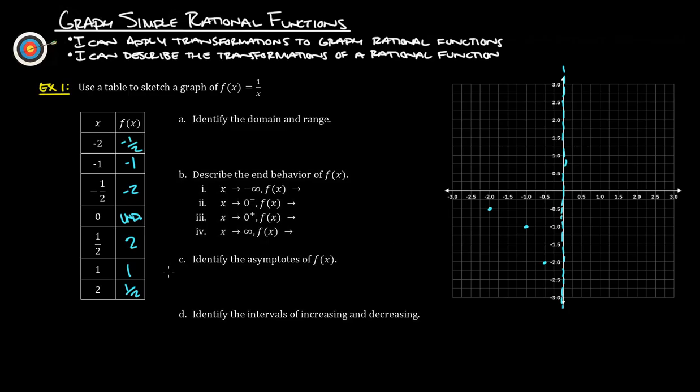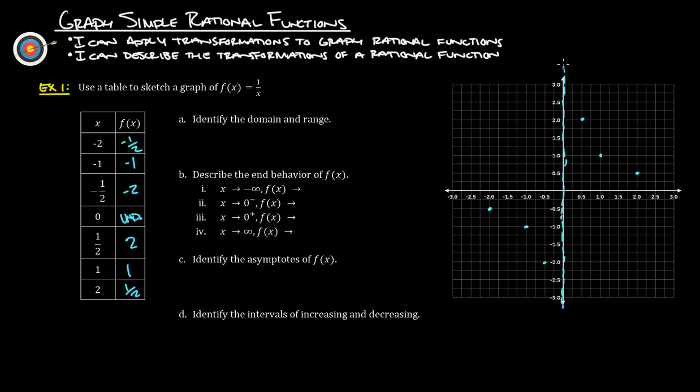Now at 1/2, we're at 2. At 1, we are at 1. And at 2, we are at 1/2. So these graphs are going to go like that and like that.